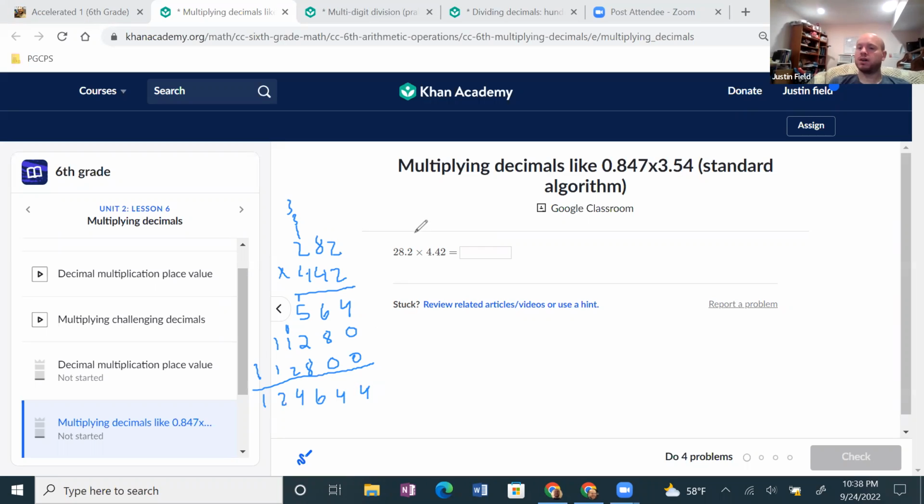But now, after we just ignore the decimals and just multiply the whole numbers, we count the number of decimal place values we have. 1, 2, 3. So that means we're going to put a decimal point 3 place values in. 1, 2, 3 to the number.